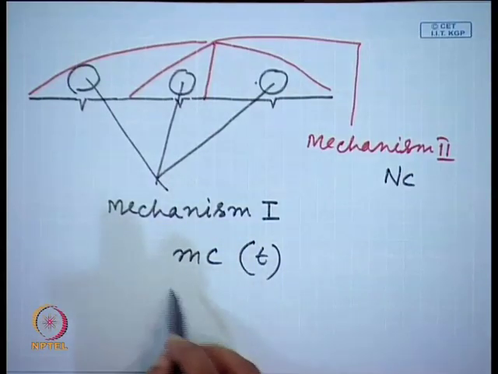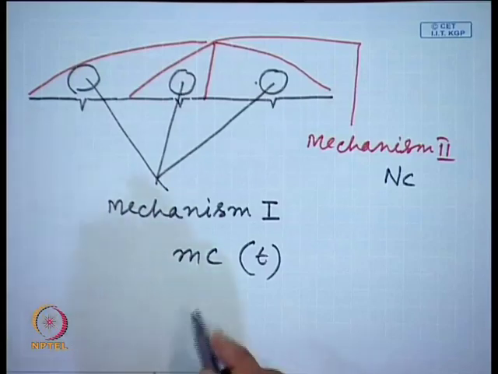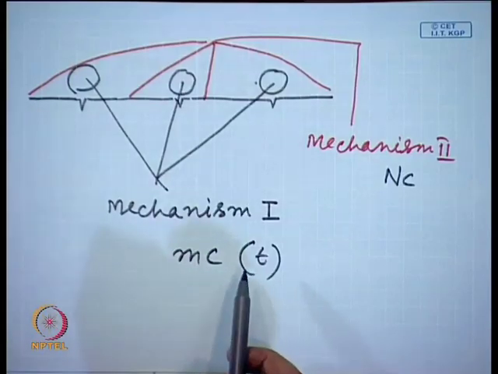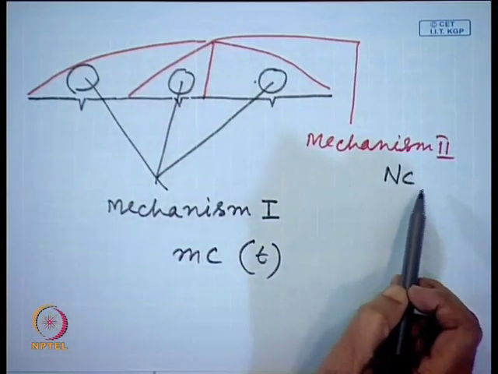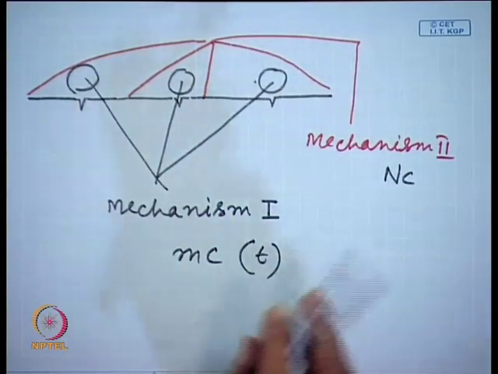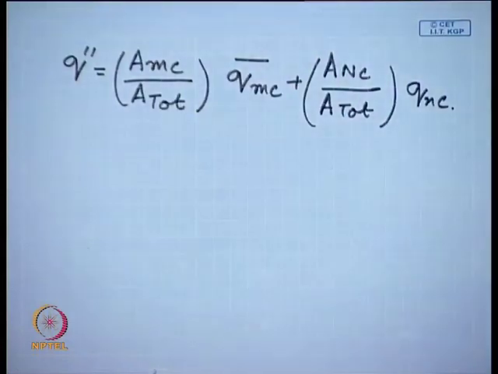So, micro convection, if I want to calculate the rate of heat transfer, we have to do it by integrating over the entire period of cycle. Natural convection rather is straightforward. So, with this assumption, this particular formula has been written.